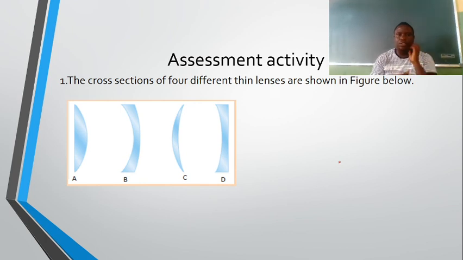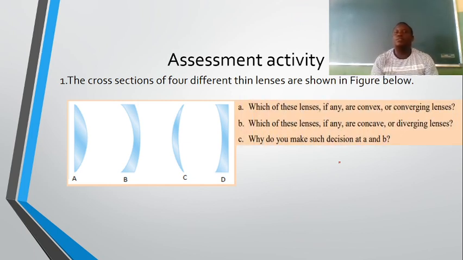The cross section of 4 different thin lenses is shown in the figure below. I show you different lenses. I need you to observe it very well, and then you can also draw it. It's very simple. You can draw it somewhere as A, B, C, D, and then you answer the following questions.